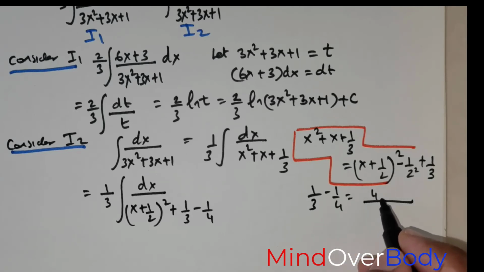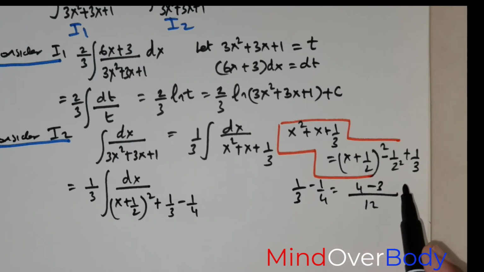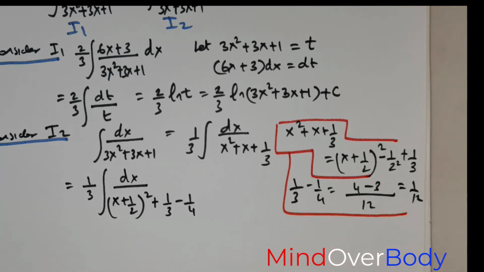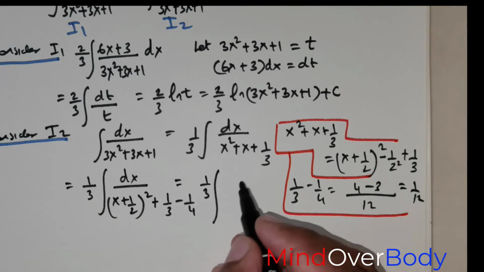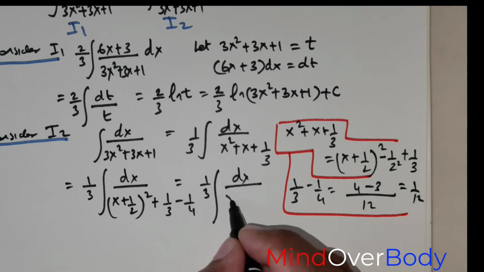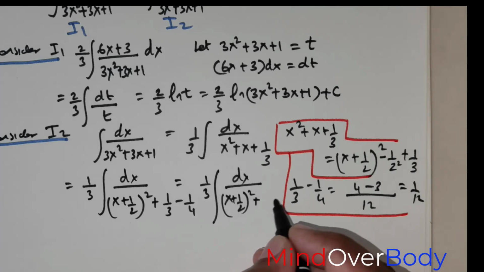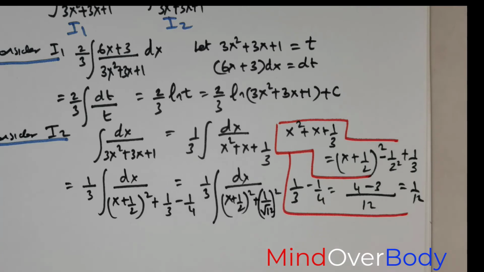This will give me 4 - 3, which is equal to 1 over 12. Right? So I can rewrite this as 1 over 3 times integral dx over (x + 1 over 2) raised to the power of 2 + (1 over root of 12) raised to the power of 2, right?